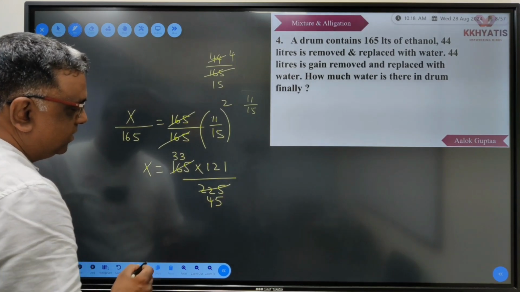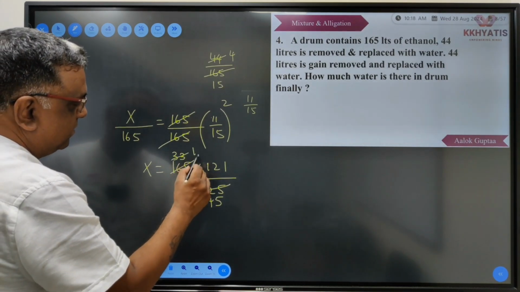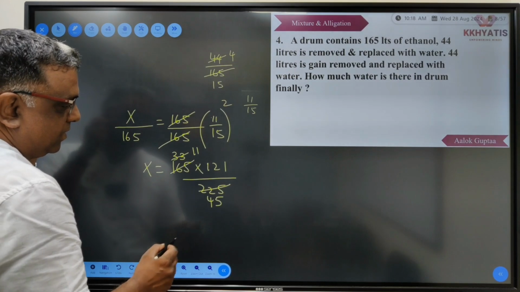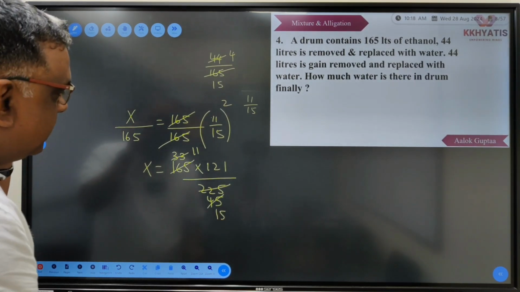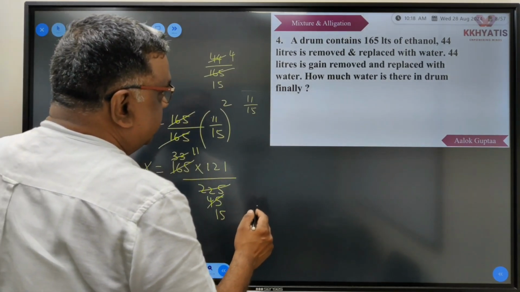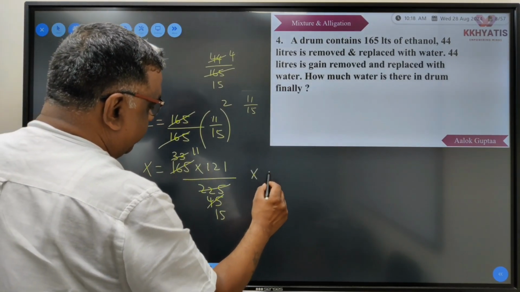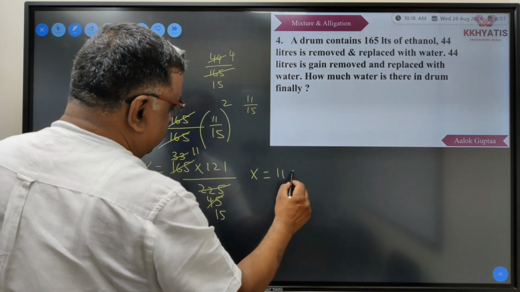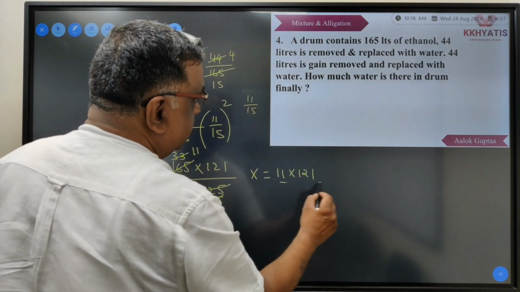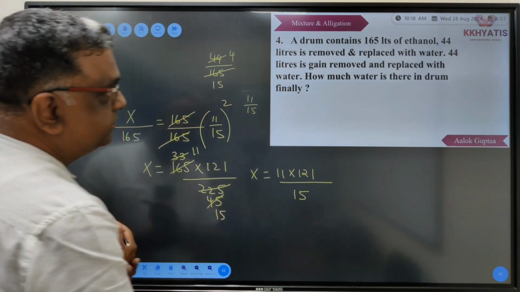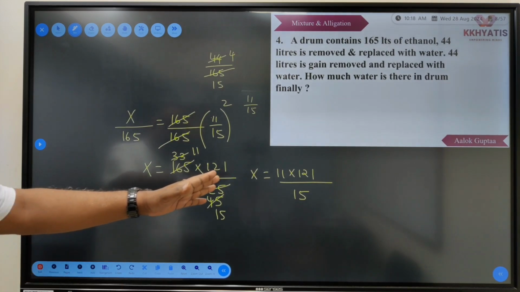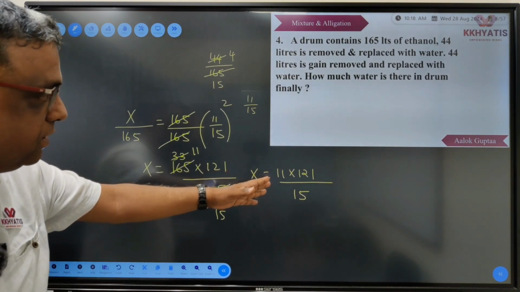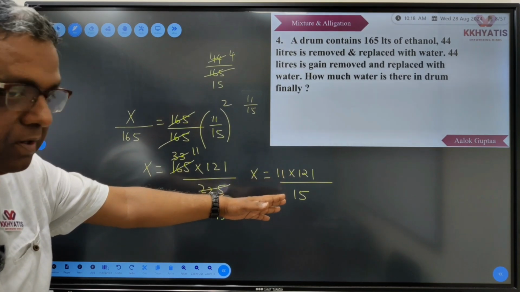This will go by 5. So I'll say 11 threes are 33 and 15 threes are 45. So the final quantity of ethanol is 11 into 121 upon 15. Correct? So final quantity of ethanol left is 11 into 121 upon 15.